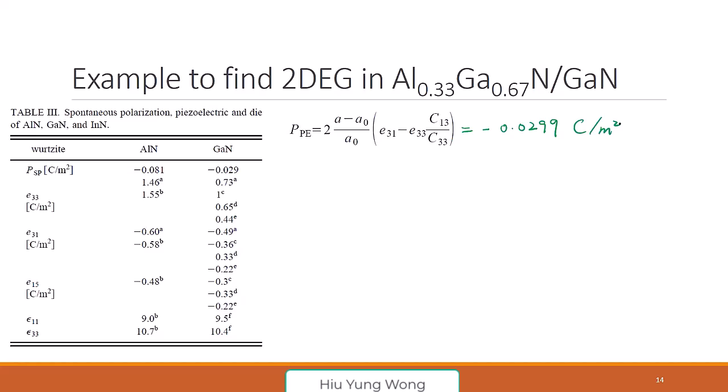Now, do you remember how we find the electron gas? The 2DEG is equal to the piezoelectric polarization of aluminum gallium nitride, plus the spontaneous polarization of aluminum gallium nitride, minus the spontaneous polarization of gallium nitride.